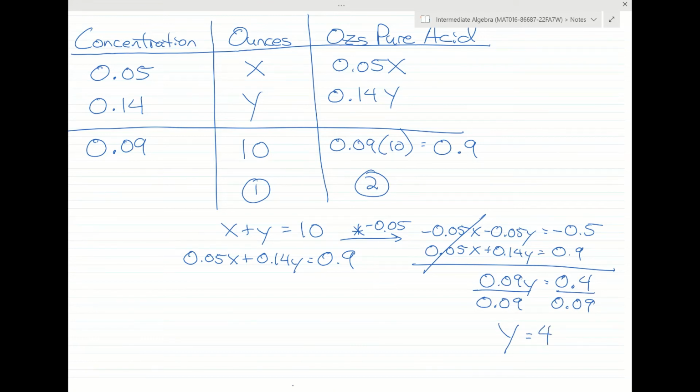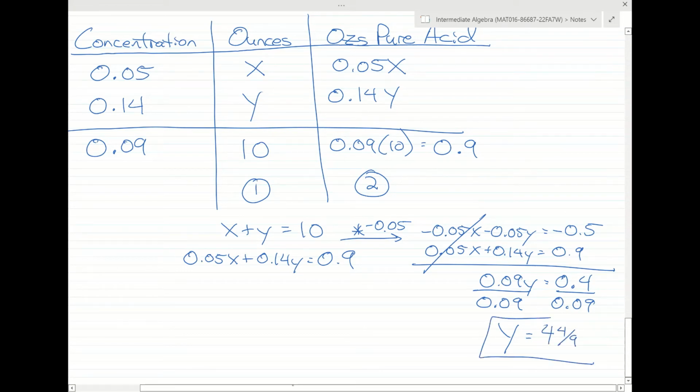Let's see, what is this? I'm just going to convert this to a fraction. This is 4 4/9. And then if we want to figure out what X is, X plus 4 4/9 equals 10.